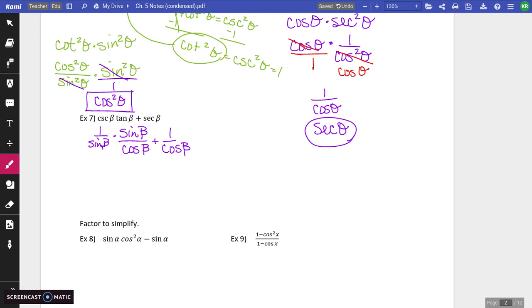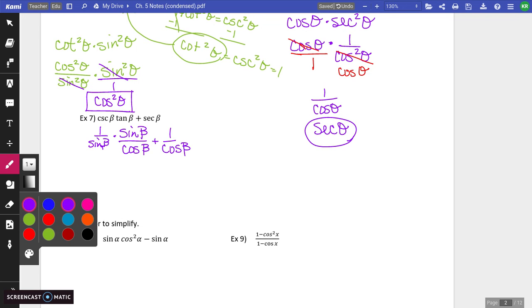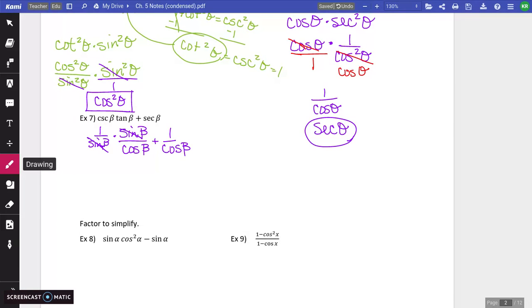Okay, so I have sine betas that will simplify out. So this first term here, I'm going to have a 1 over cosine plus 1 over cosine. Okay, so can I add those fractions together?